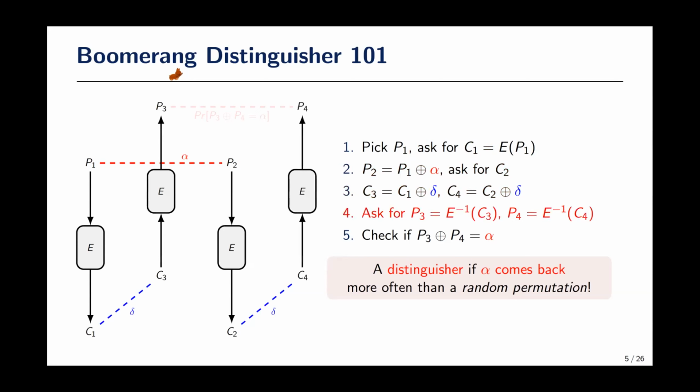Next, he obtains the corresponding plaintexts P3 and P4. And finally, he checks if P3 and P4 differ by the same difference alpha or not. If alpha comes back more often than for a random permutation, we have a distinguisher.